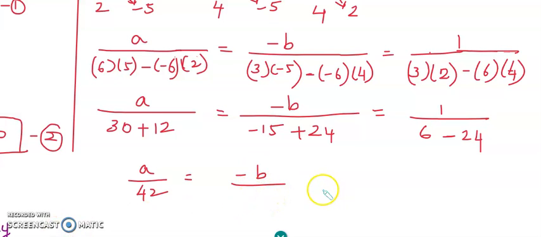And that equals 1 upon minus 18. You can cross check it. Now what should I do?